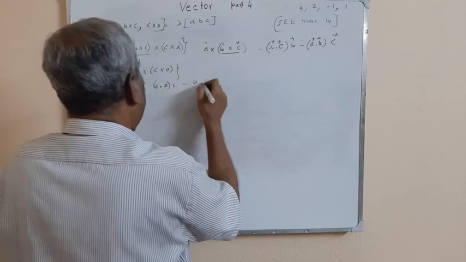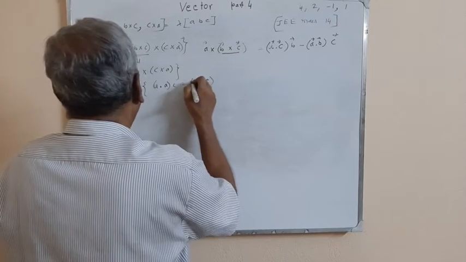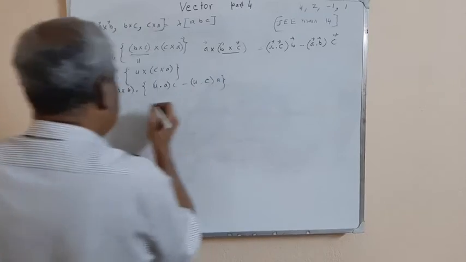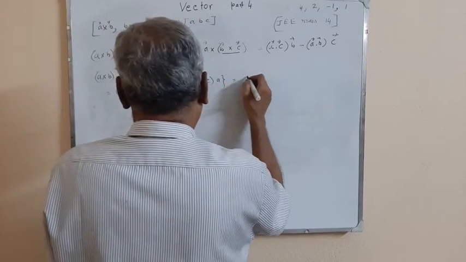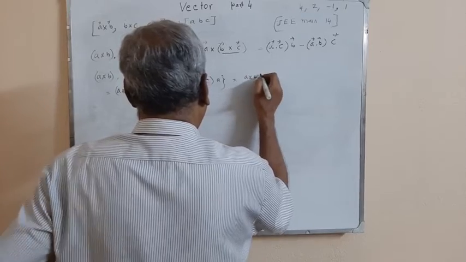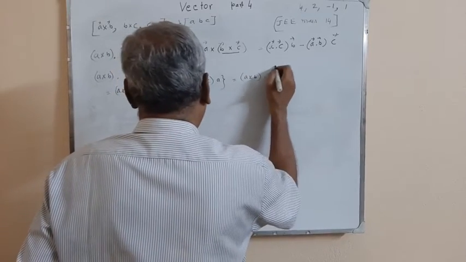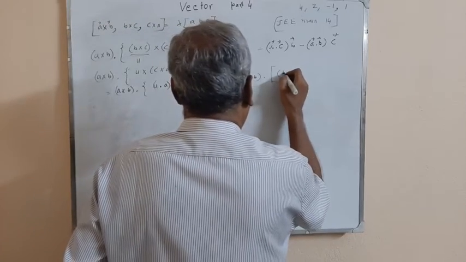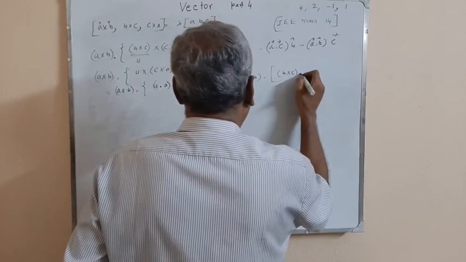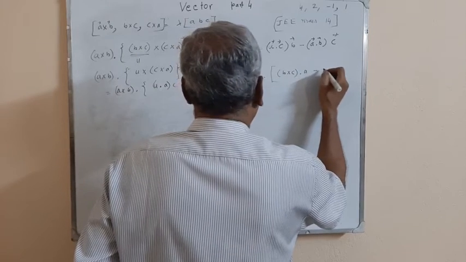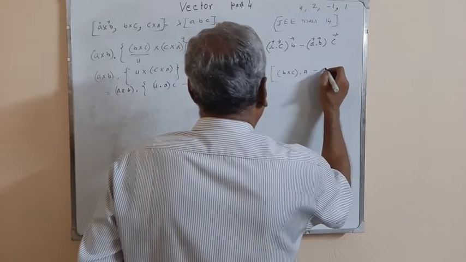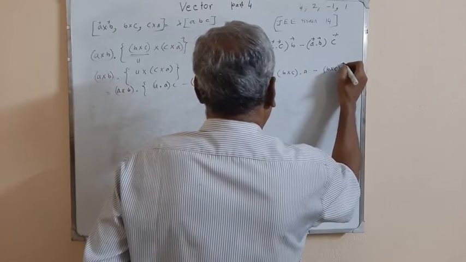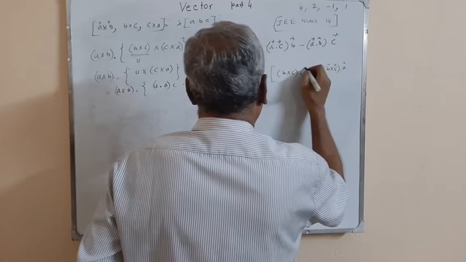Next, u dot C into A vector is equal to A cross B dot u, that means A B cross C dot A minus u again B cross C into A vector, all vectors.